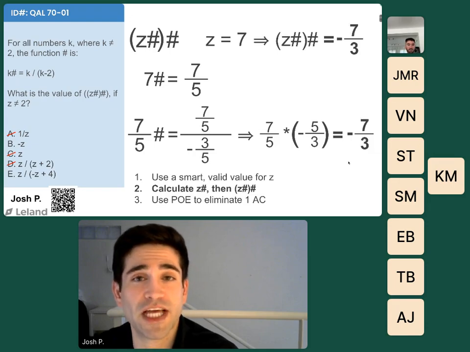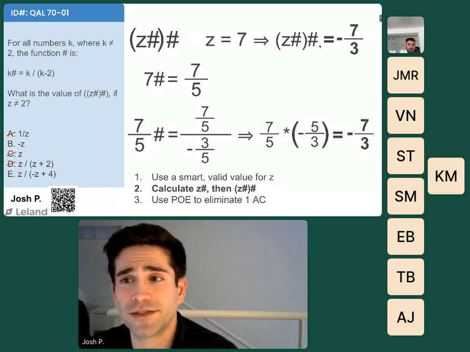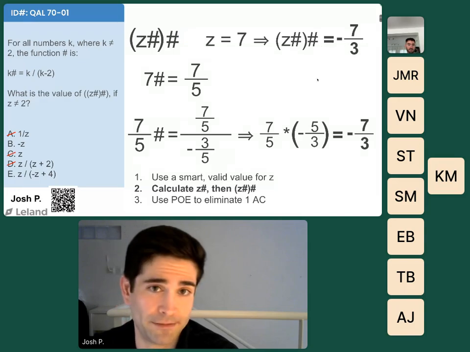So when z equals 7, z pound pound is equal to minus 7 over 3.